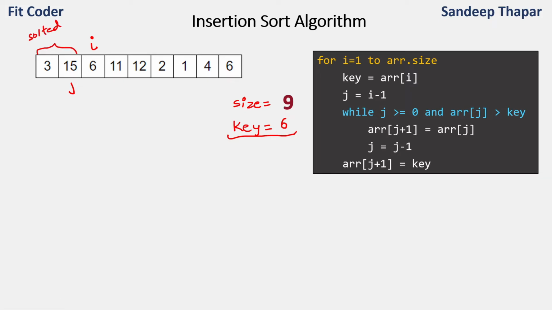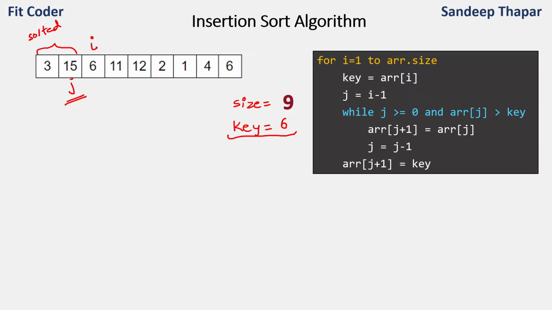When we want to include I in the sorted part, we need to find the correct position of I in the sorted part. So we'll start comparing all the elements before I. For that we have this variable j. Whenever we find an element which is greater than the key, we'll move that element to the next position.